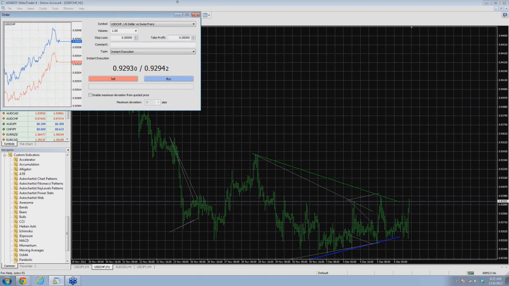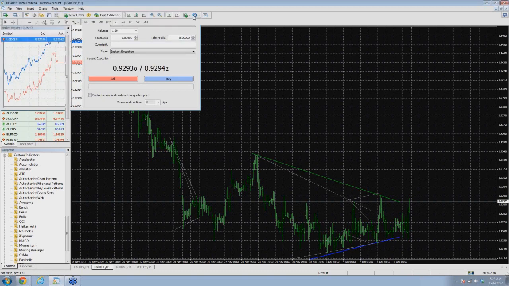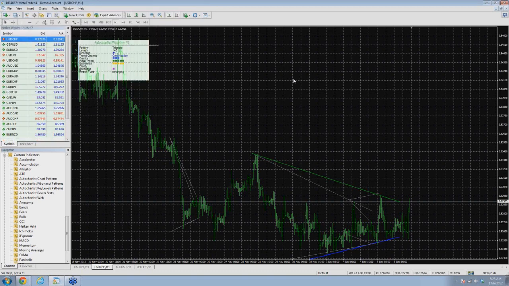So the emerging patterns on the web platform give you a list of what to expect or what to watch. And if you find something you like, then you want to look at it on the MT4 platform to make it actionable, to give you an opportunity to get in.